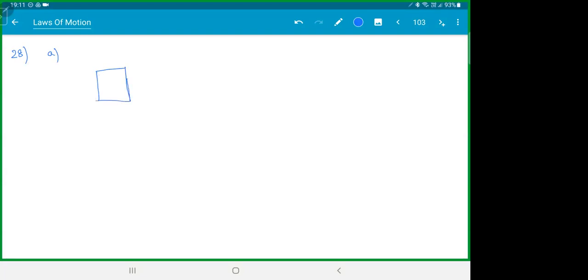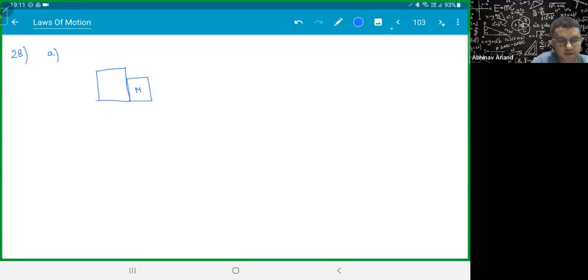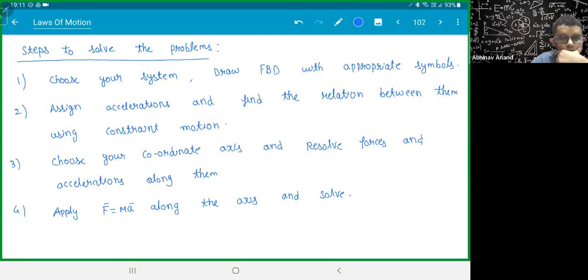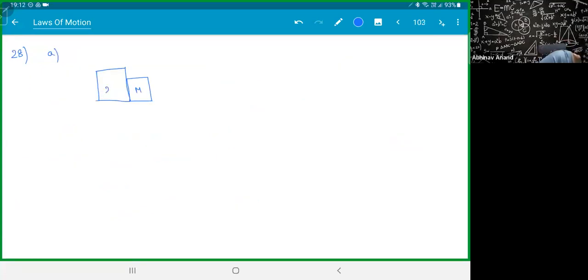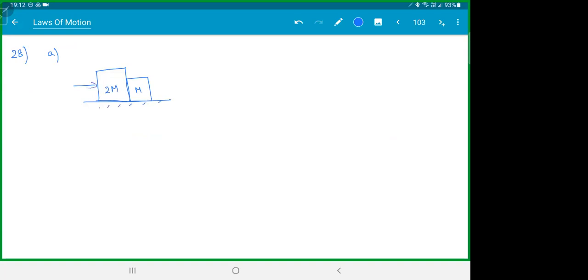So we have a block. You are applying a force F. Smooth ground.